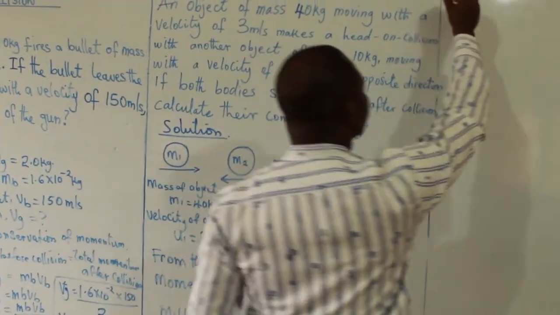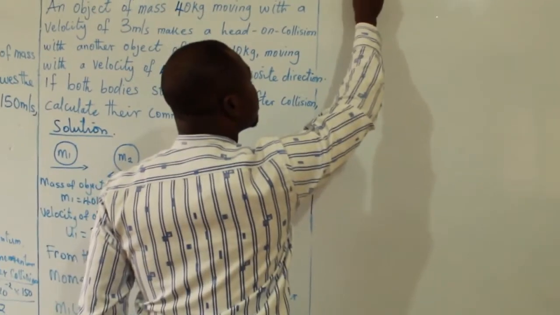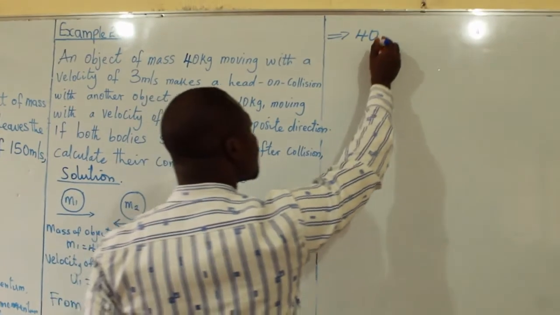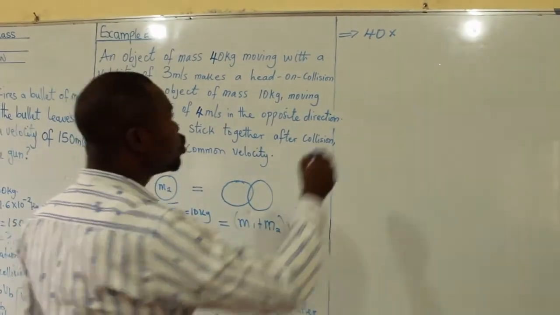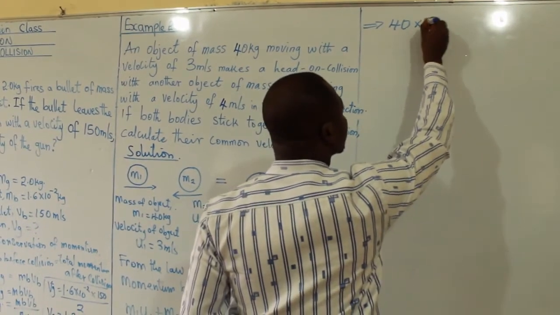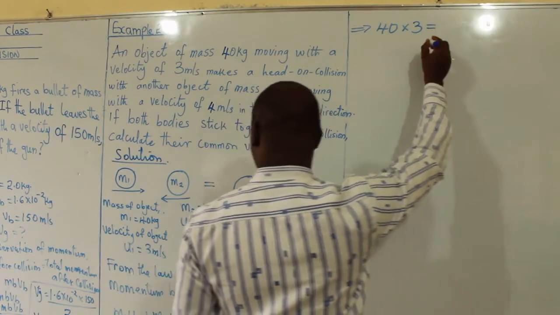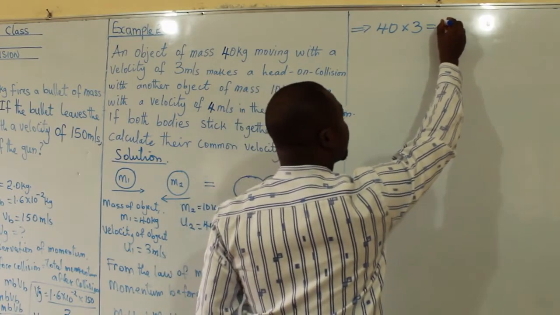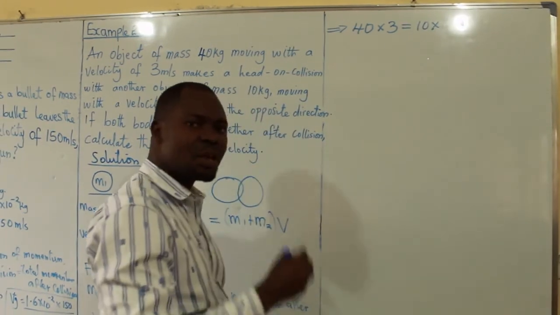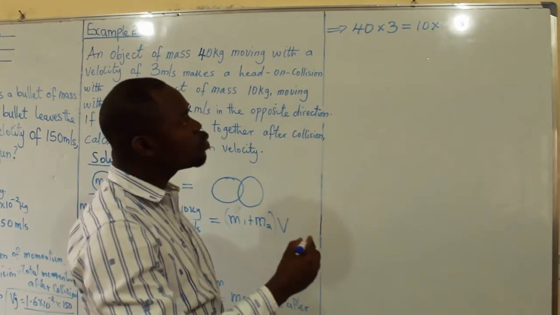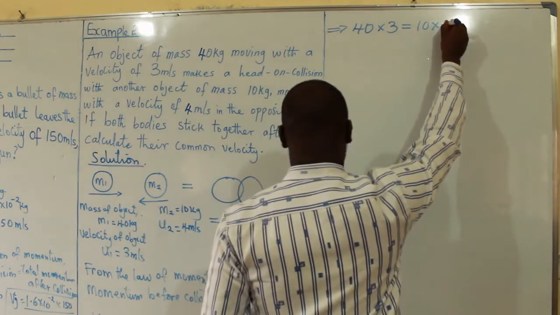M1, so we have 40 times u1, 3, plus m2, our m2 is 10 times, but we were told that the velocity of the second body happened to be in the opposite direction, which means it's going to be negative.